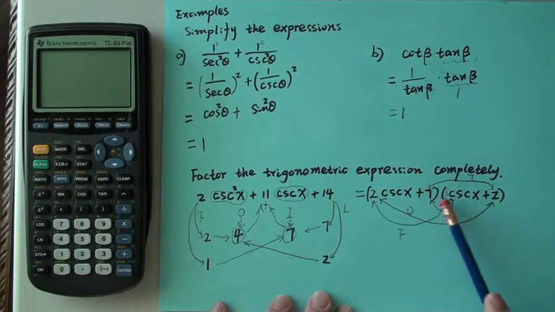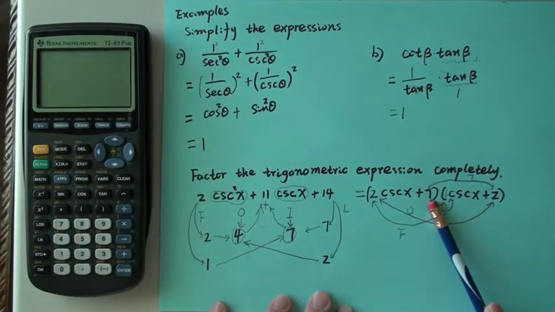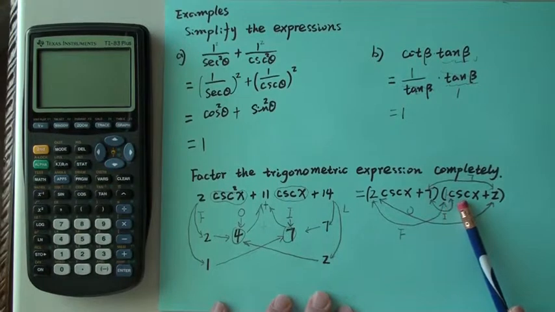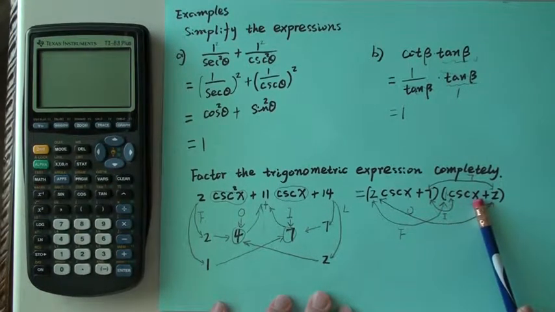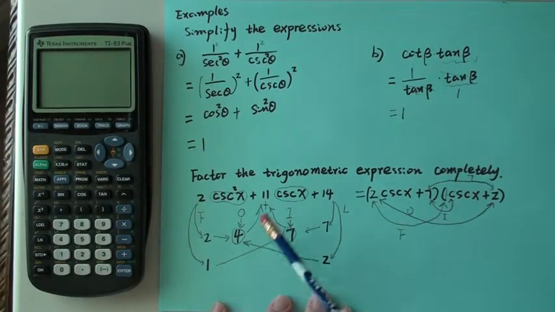Okay, inner, you see, inner product. Then you see the outer product, 2 times 2 cosecant is 4 cosecant. Inner product, 7 times 1 cosecant x. And then, 7 plus 4 is 11.